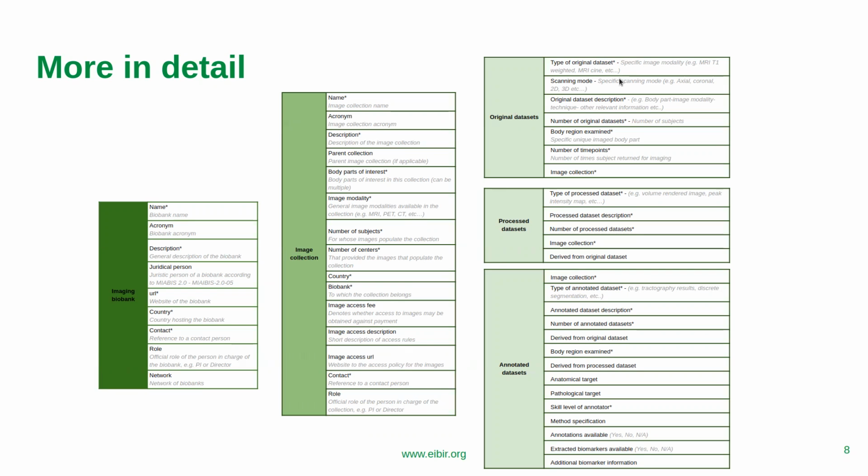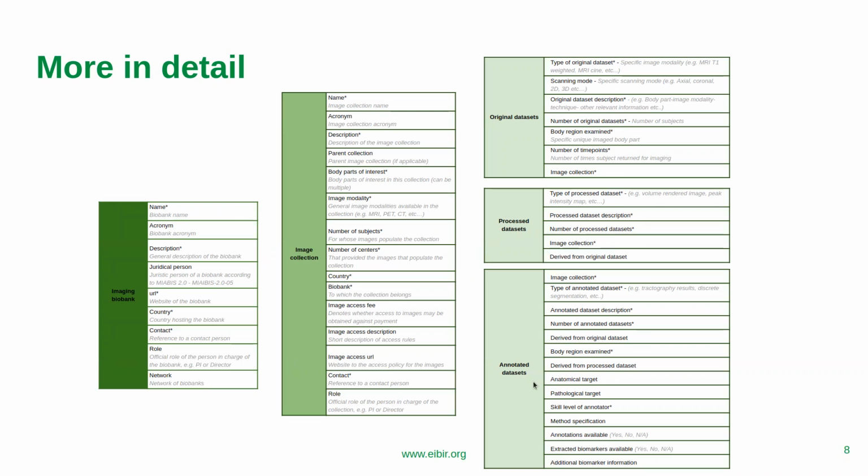And then for data sets, we have the original data sets. For example, we specify the type of the data set, so if it's an MRI T1 weighted or MRI CNA, etc. The scanning mode, description, and number of subjects, the body parts, number of time points. For processed data sets, the type of processed data set, description, and number of subjects.